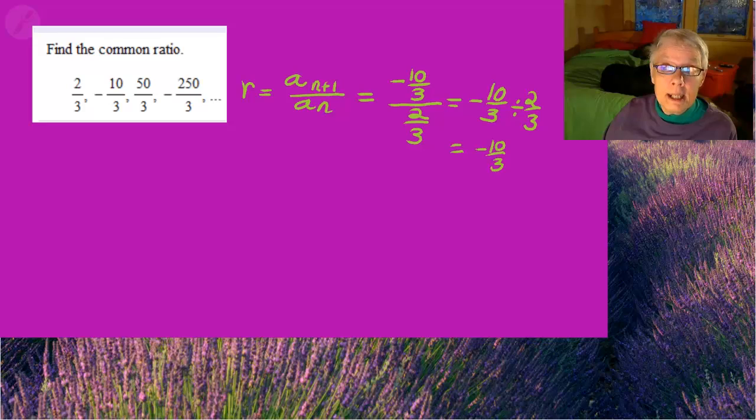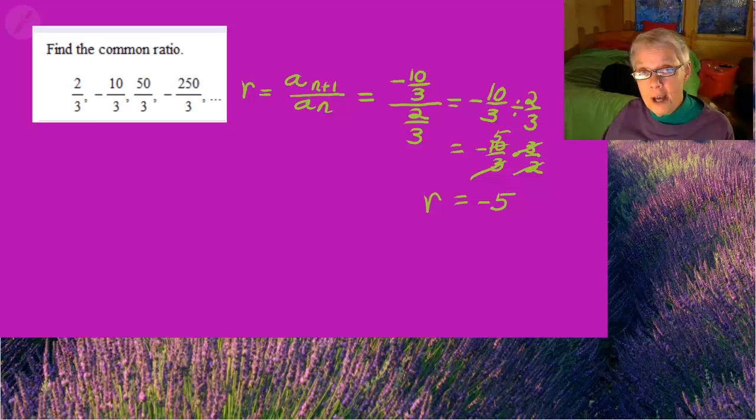I'll take -10/3 and multiply it by the reciprocal of the second fraction, which is 3/2. The 3's will cancel. The 2 will go into 10 5 times. And so our common ratio will be -5 because the negative sign was already there.